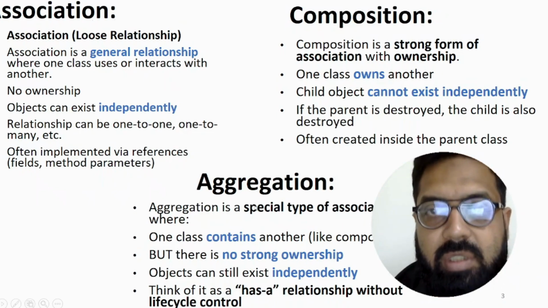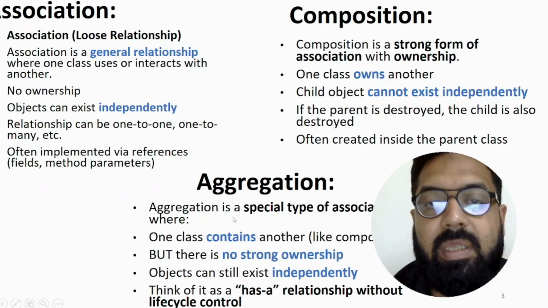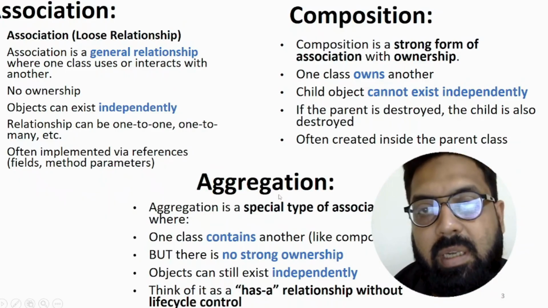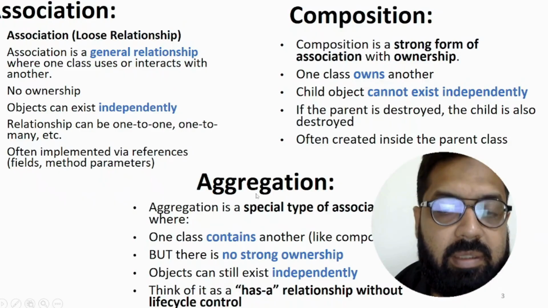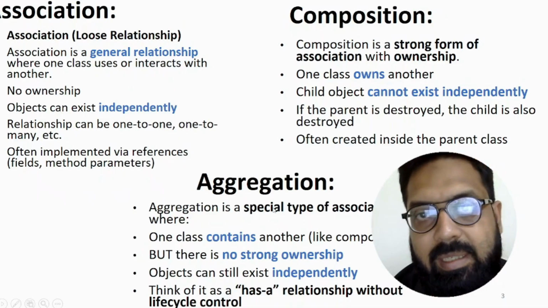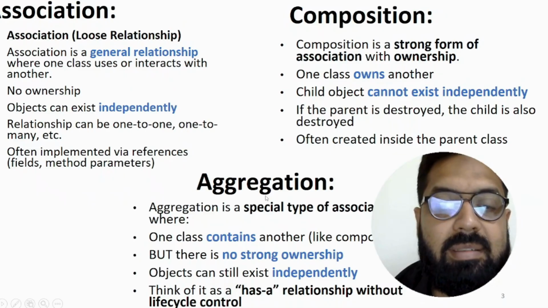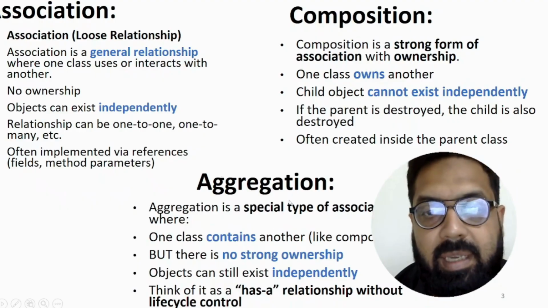But in aggregation, there is some type of grouping. For example, one class logically belongs to another class. You can take the example of the product class. Our product class belongs to category class. There may be many categories for the product, so this belongs-to or grouping type of relationship exists in aggregation.